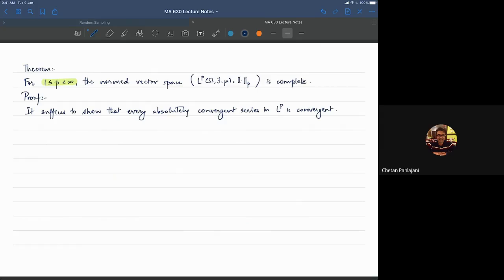So let's start with a series which is absolutely convergent, and let's try to prove that it is convergent. That's what we need to do. Once we do that, our job is done.